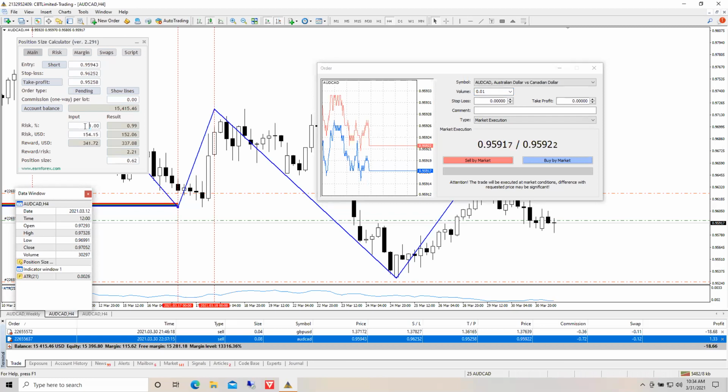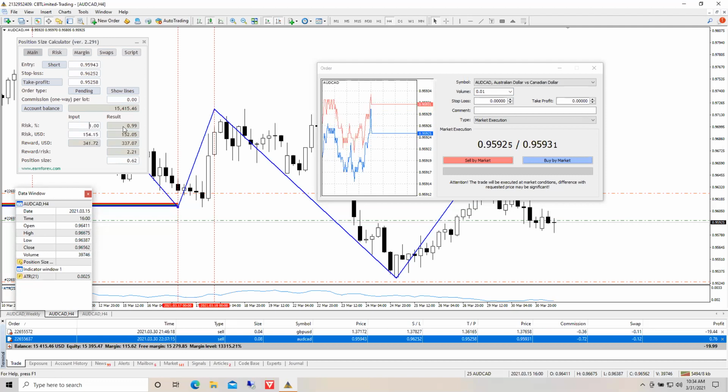So if I wanted to risk 1% of this account, which is $15,400 odd in terms of equity at the moment, then you'll notice that using 1% risk, it calculates automatically that in principle, I want to risk $154.15. All right, so that's worked out on the balance.